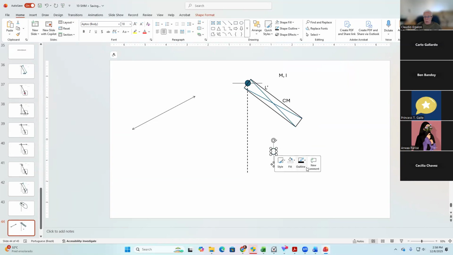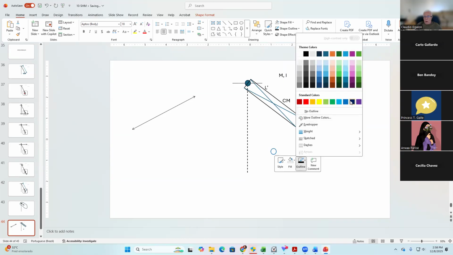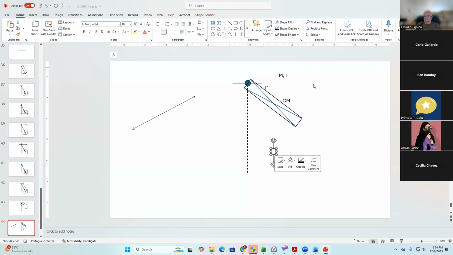No fill. Black. And now there is a distance. I use the distance L prime of the center of mass to the point of rotation.